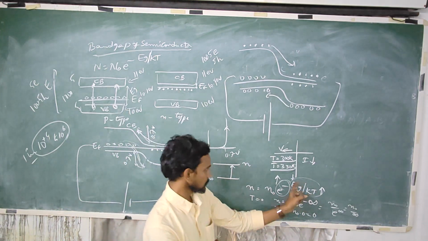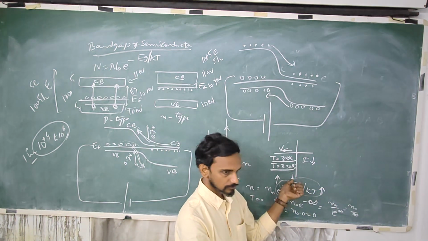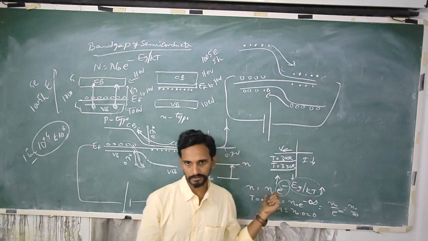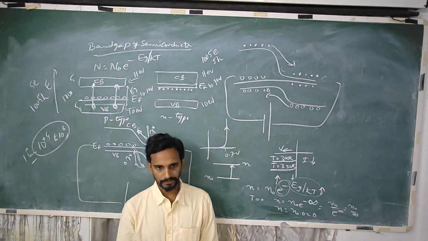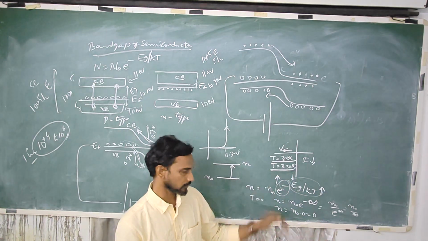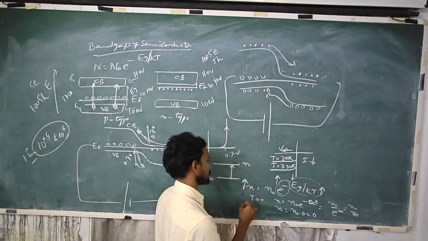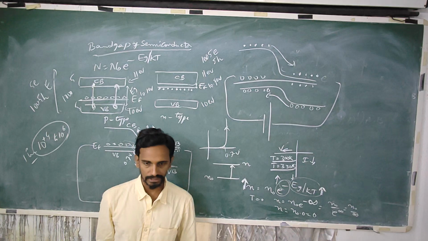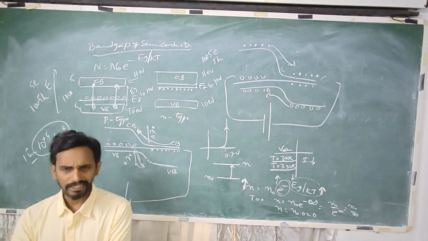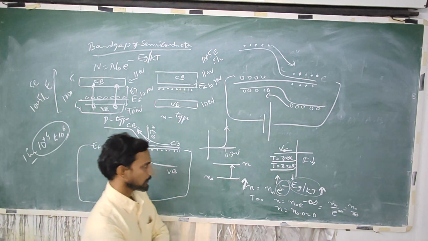With rise in temperature, Eg by kT will reduce. This is the negative exponential. So e power minus means 1 by e power n, so that number keeps rising. So overall the number of carriers will increase with rise in temperature. So if you raise the temperature, the number of carriers in the excited state increases, and that is what is entirely contributing to the current here.